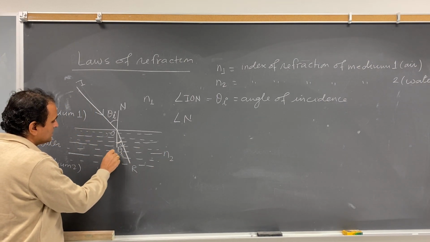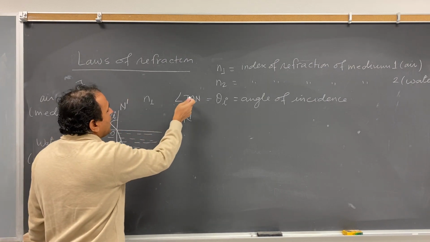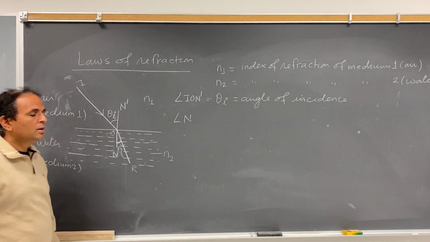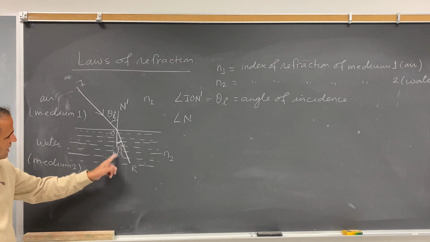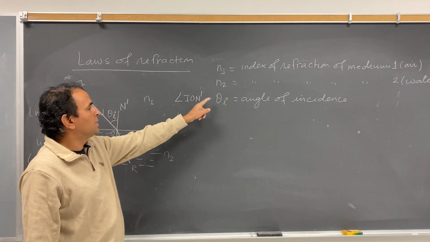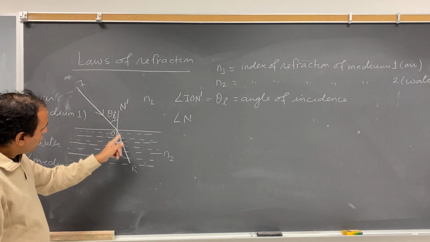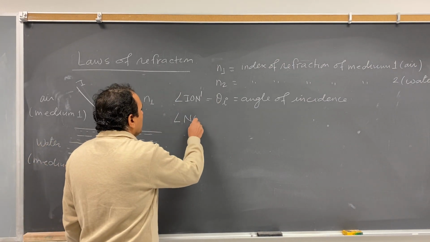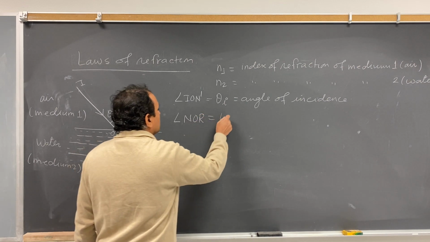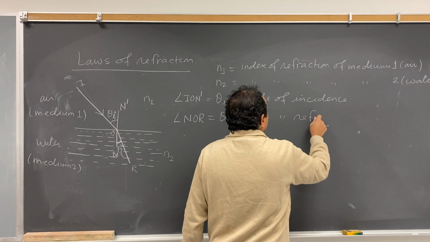Let me call this N and this N prime, so angle ION prime is theta I, the angle of incidence, and angle N prime OR is theta R, the angle of refraction.